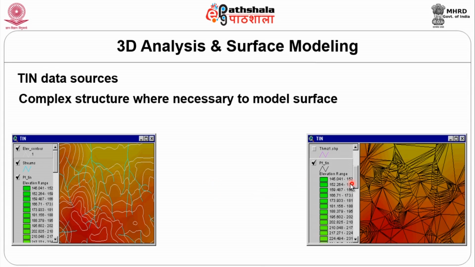You can see here the same contour data, how it is converted into your TIN. You can see the complexity of the data. The closer the contours, the steeper the area. In those places where the contours are relatively close, you find they are steeper, whereas these are the empty or blank spaces, where this will be the last line, followed by a longer distance, after which you will have another line.